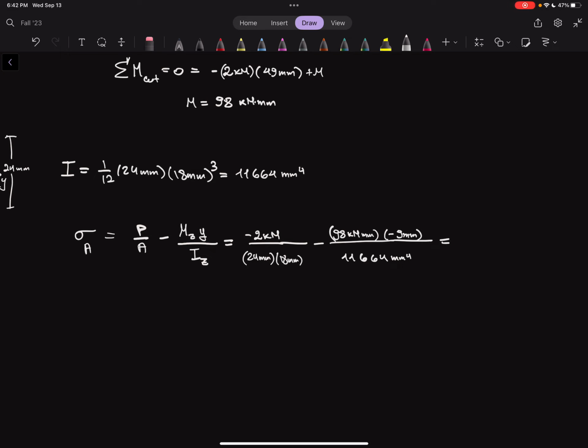Well, kilonewtons over millimeters squared. So let me write that. So we're going to have minus 2 over 24 times 18 minus, then we have another fraction. Top, we have 98 times negative 9. And at the bottom, we have 11664.